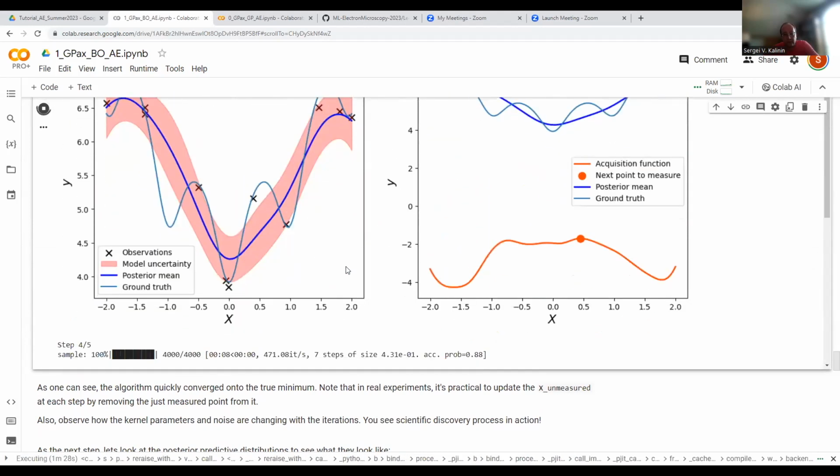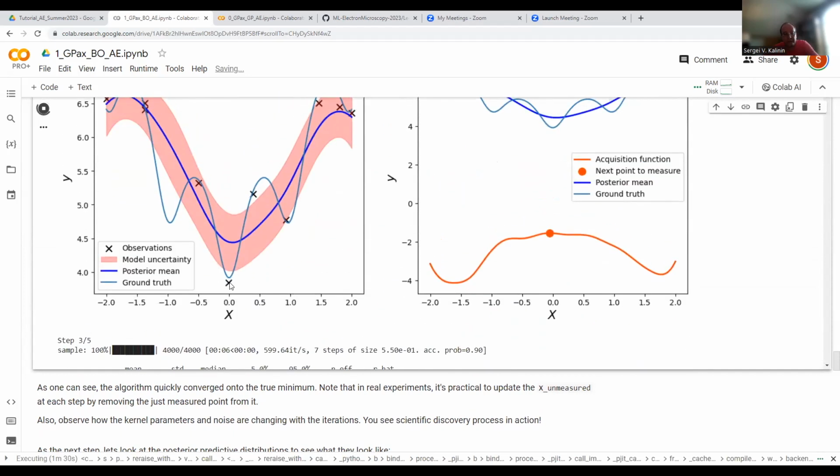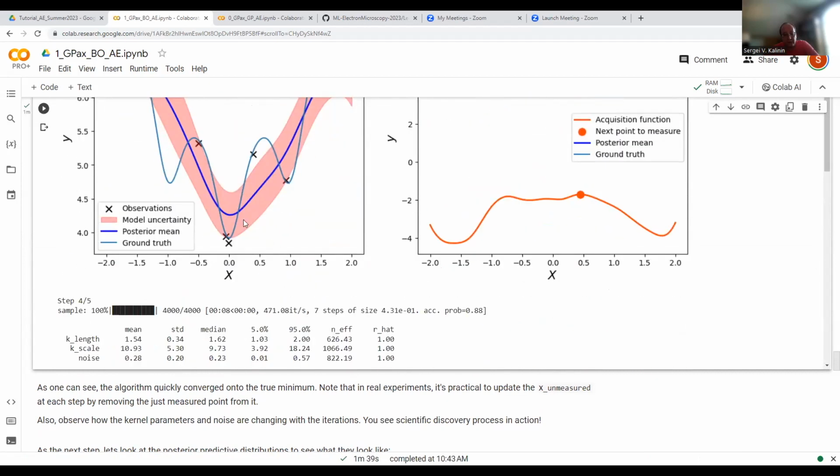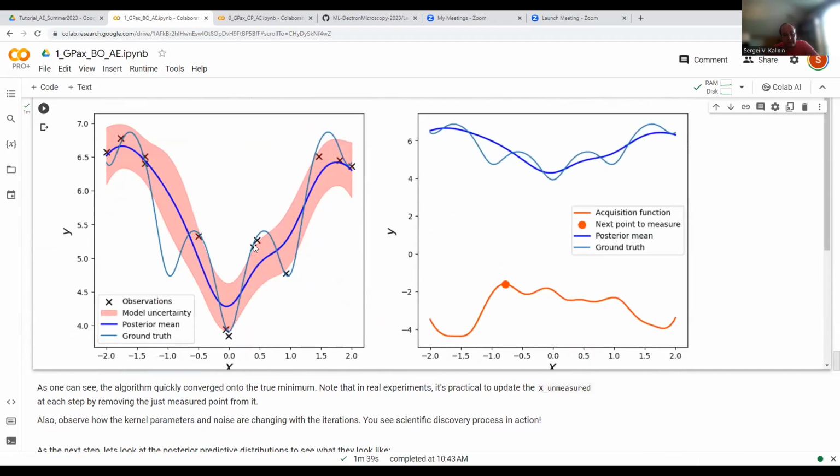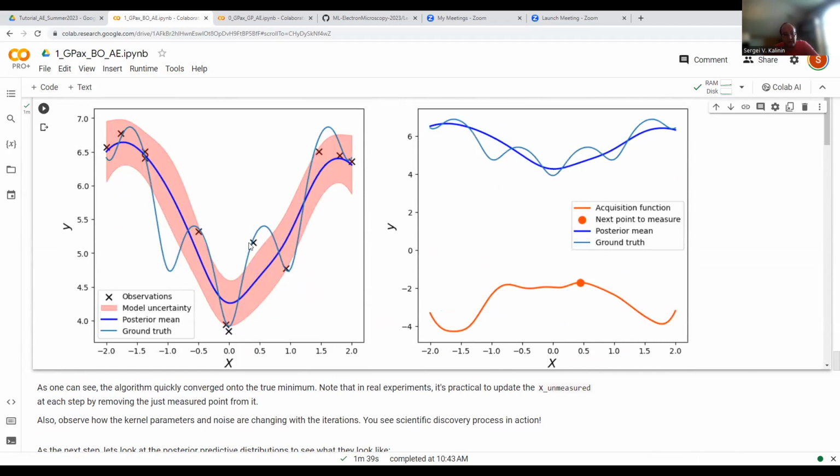Look, in the previous set of experiments, when our beta was small, we got stuck here. And now you can see that we are starting to run additional experiments here. So we decided that we are close enough to the minimum. And now our acquisition function has a maximum here and here.